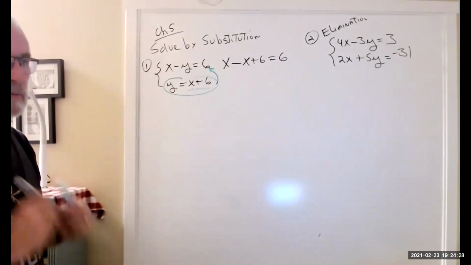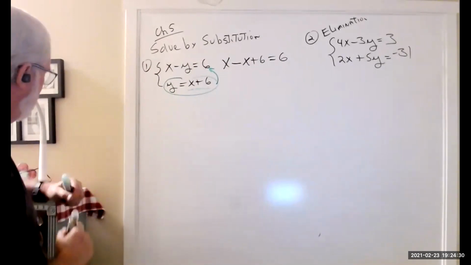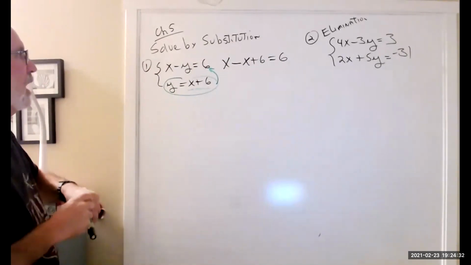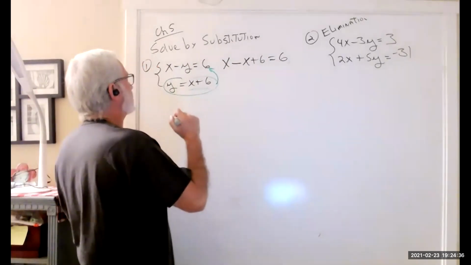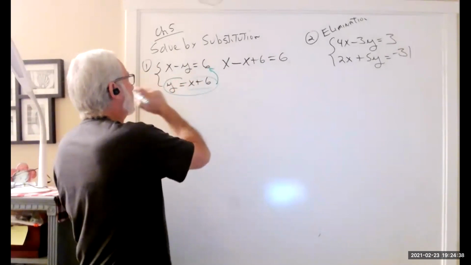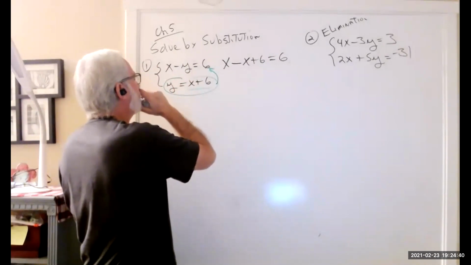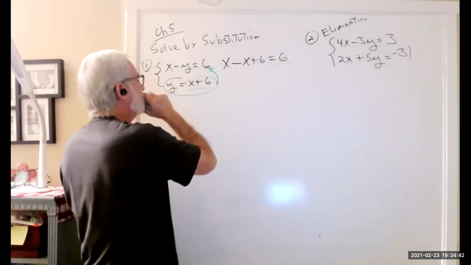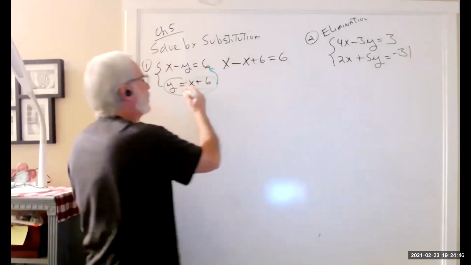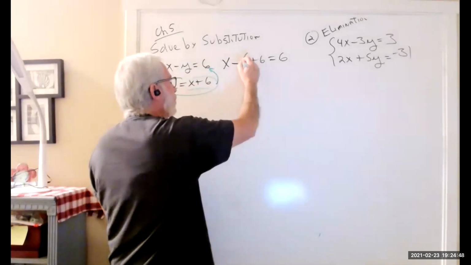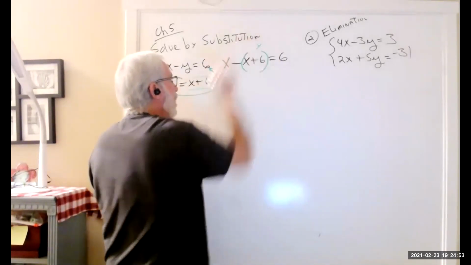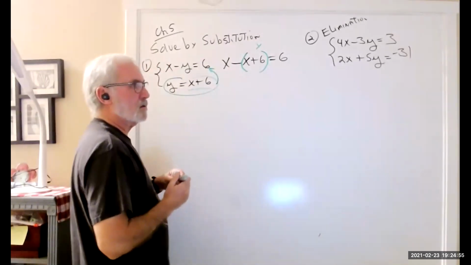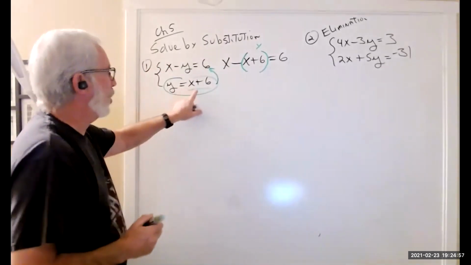There's something wrong up there on my whiteboard. I plugged in X, but that's not a mistake. It should be minus 6. Why? Because when you plug it in, it would be like negative 1 times X plus 6. When we're plugging it in for Y, we're plugging in this entire quantity for Y. Y is worth all of that.